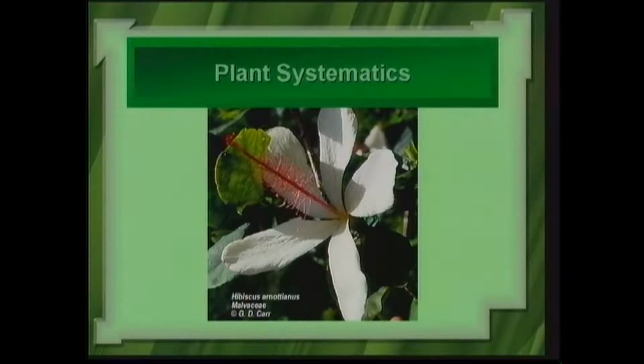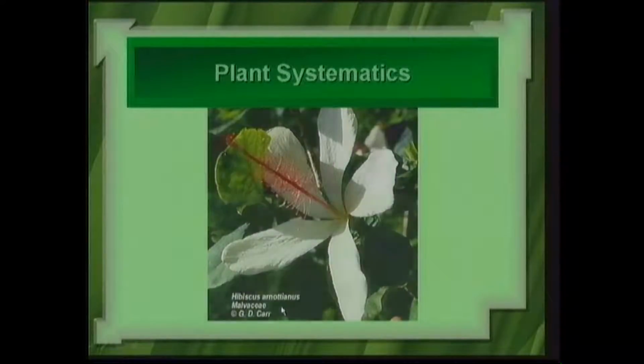And here, of course, is the native white hibiscus, the Koki'o ke'oke'o, also known as Hibiscus arnottianus, and it's in a family. We're going to go into that a little later. It's in a family known as the Malvaceae, also known as the mallow family.